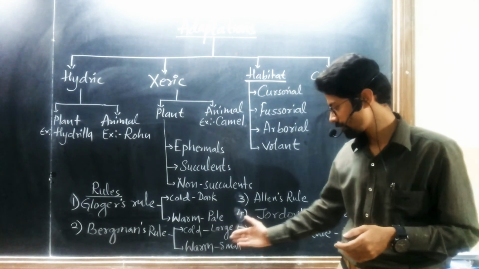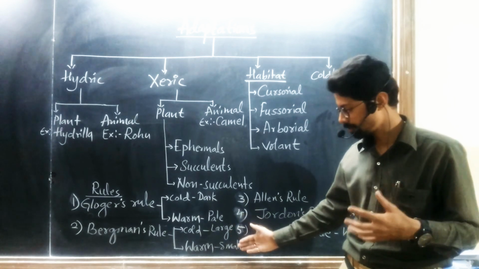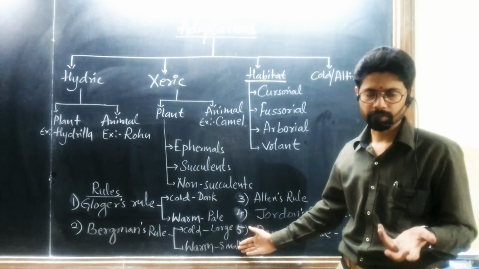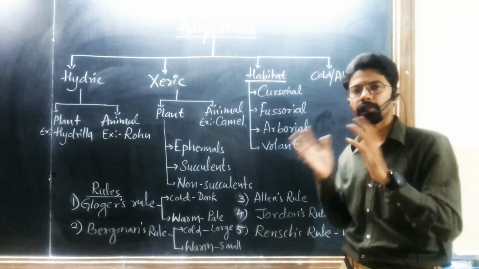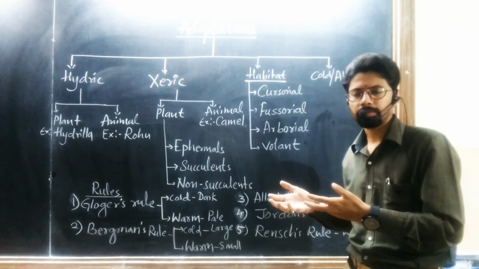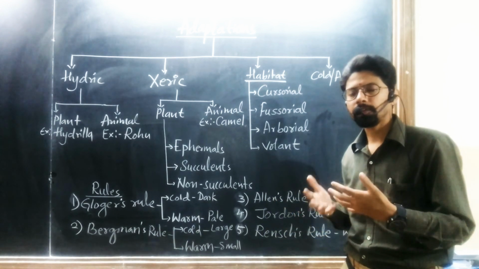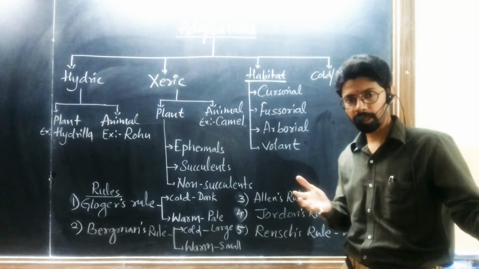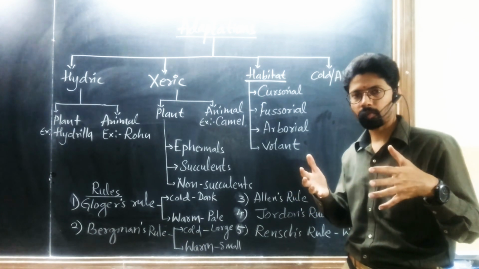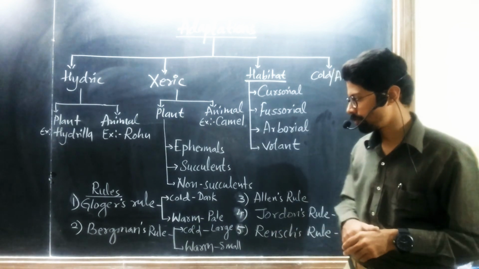You can see the size of the body is larger in colder regions compared to warmer regions in certain species. Like if you compare polar bear, grizzly bear and sloth bear. Sloth bear is smaller compared to any of the other bear family members. Polar bear is very large, grizzly bear is somewhat smaller, and sloth bears are smallest. That is an example for Bergmann's rule.